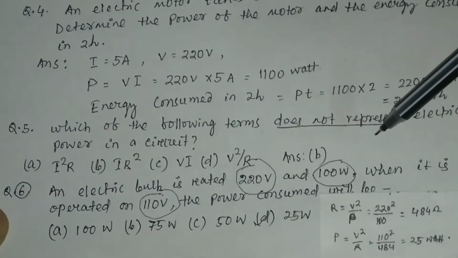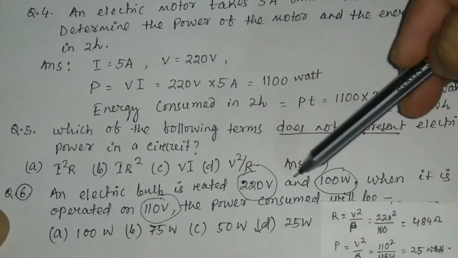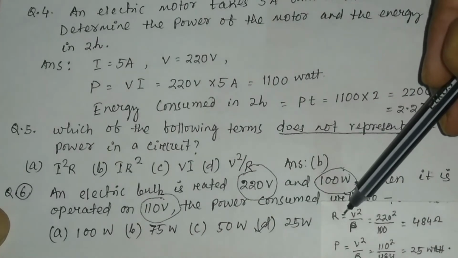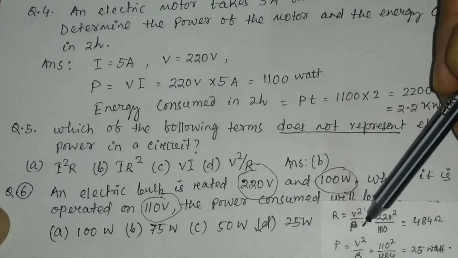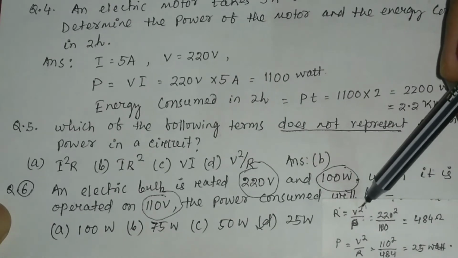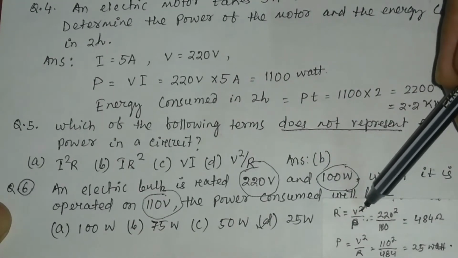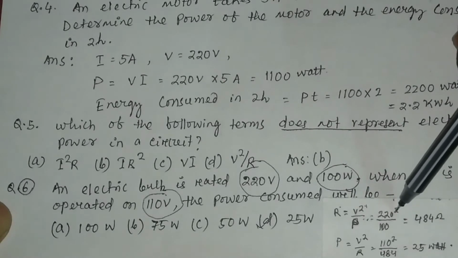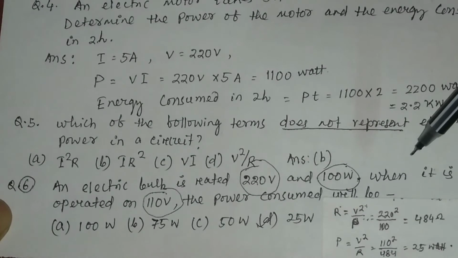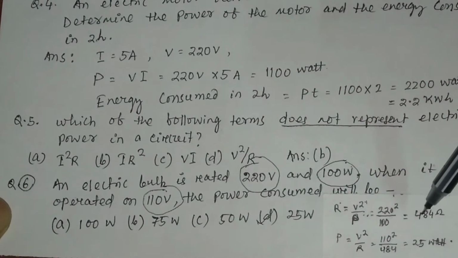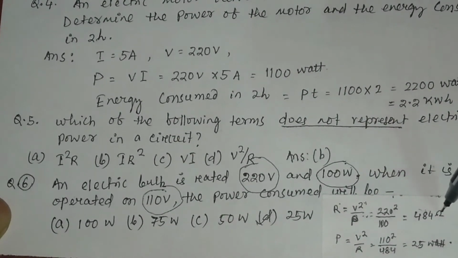This is the question. Here we have to find out the resistance of the bulb. Resistance is equal to V square by P, because P equals V square by R. So if you substitute V 220 squared divided by power 100, you will get resistance equal to 484 ohm.